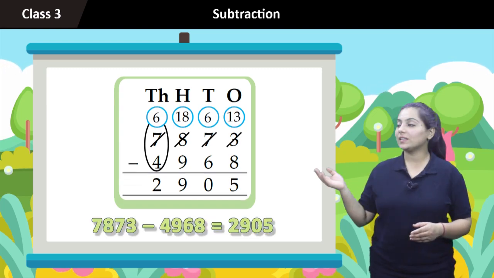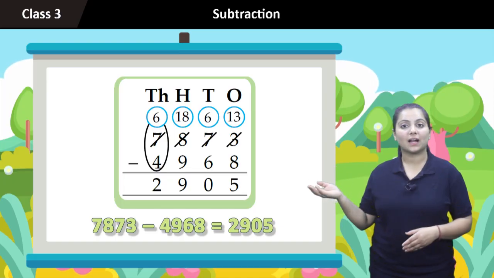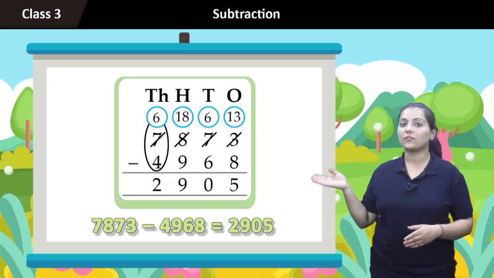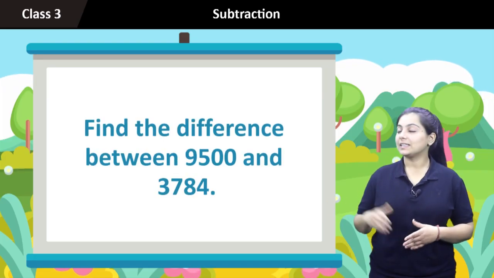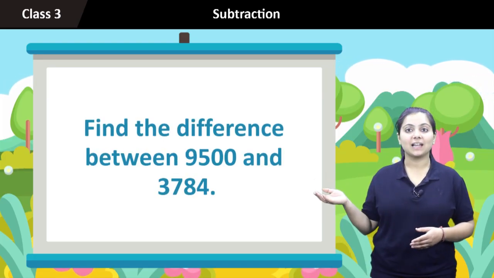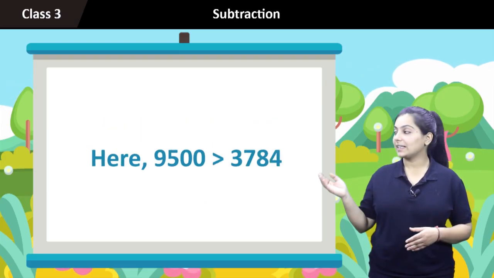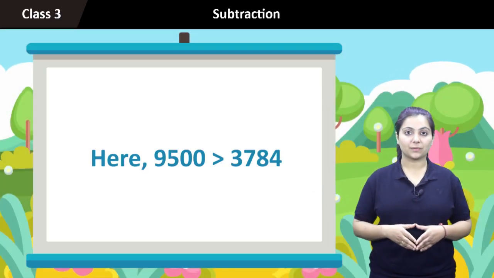Thus, 7,873 minus 4,968 is equal to 2,905. Example 2. Find the difference between 9,500 and 3,784. Here, 9,500 is greater than 3,784.